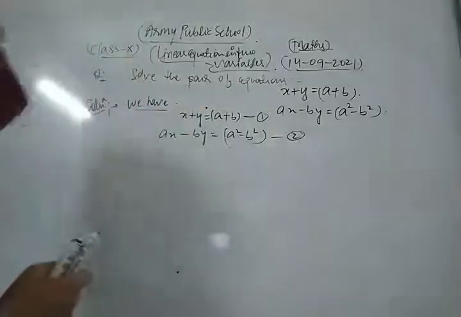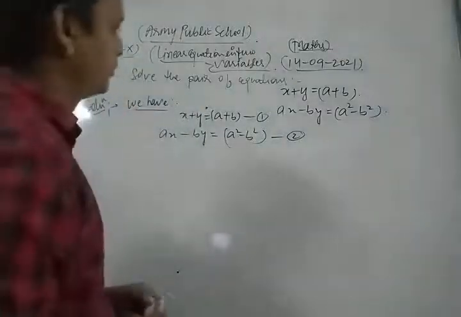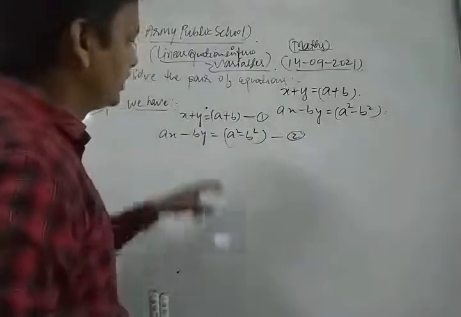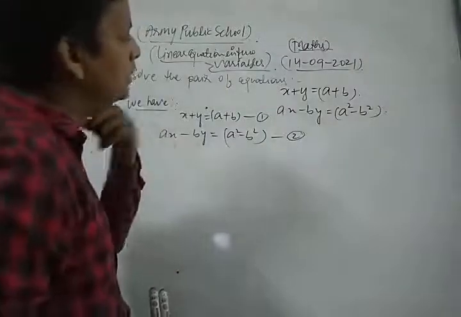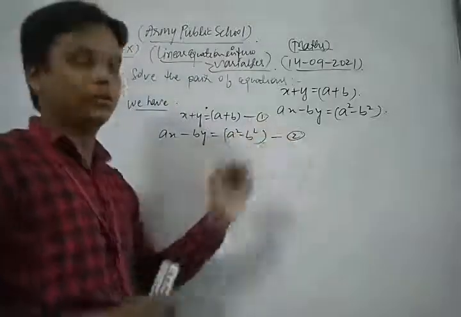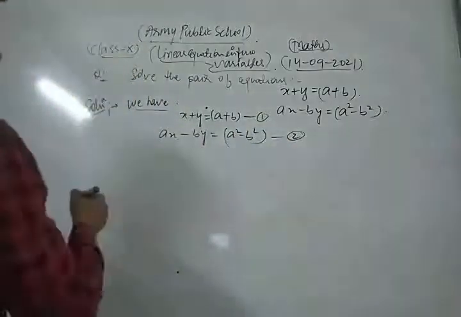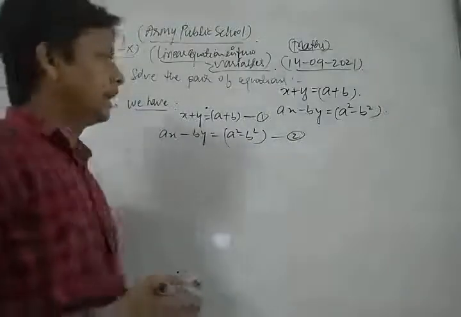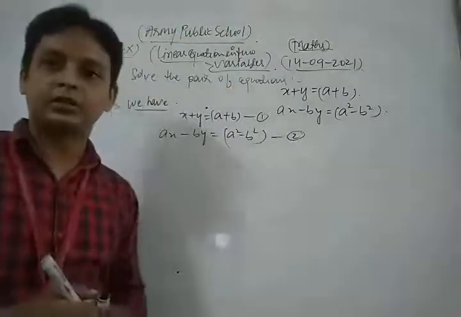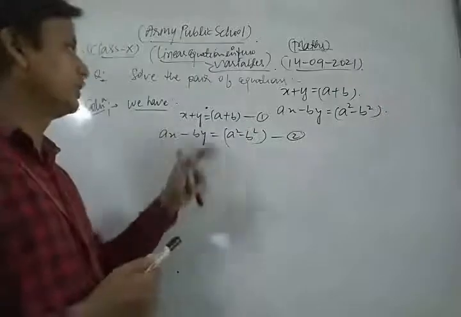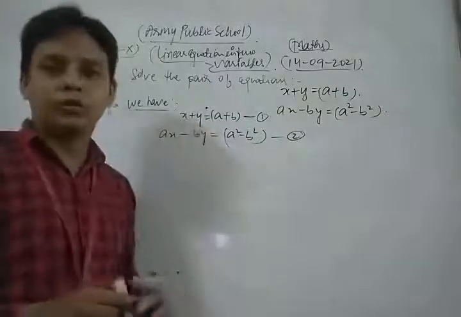So in this way, dear students, first we take equations 1 and 2 and solve them by the elimination method. In the elimination method, first of all we equate the coefficient of x or y, as you wish.